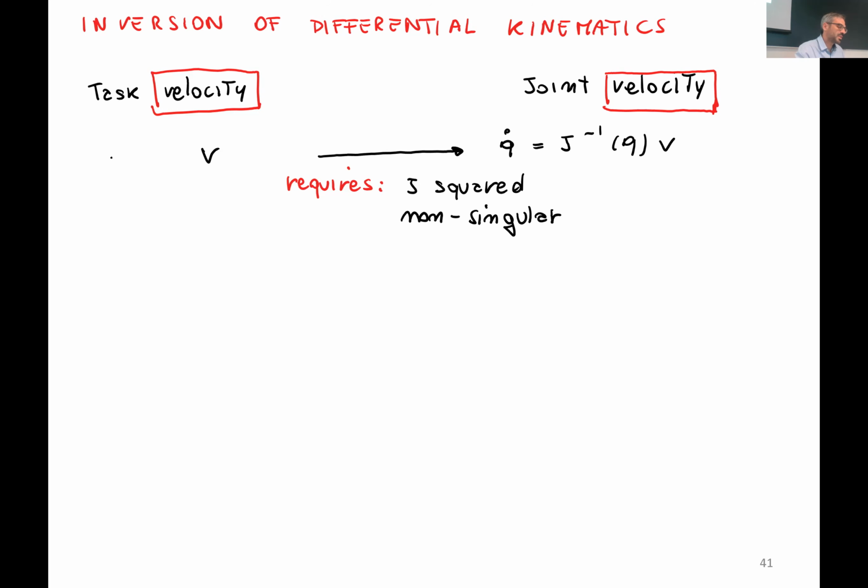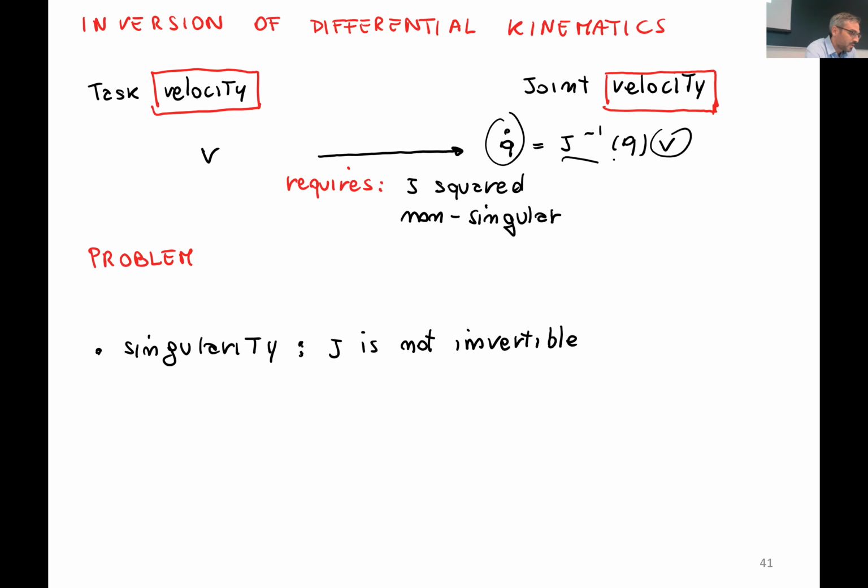In the case we covered inverse kinematics at the position level, but to cover it also at the velocity level, we use the formula with the inversion of the Jacobian that maps end effector velocity into joint velocity, and this Jacobian needs to be square and non-singular.